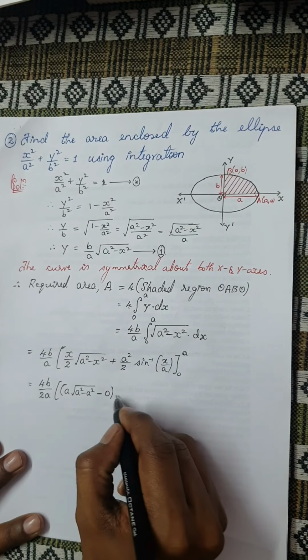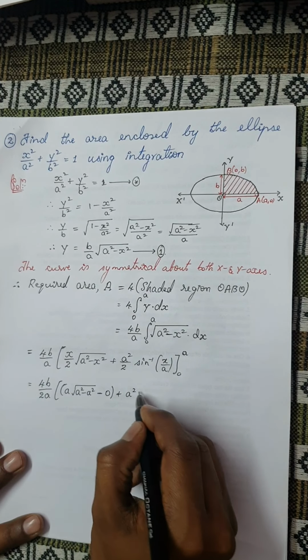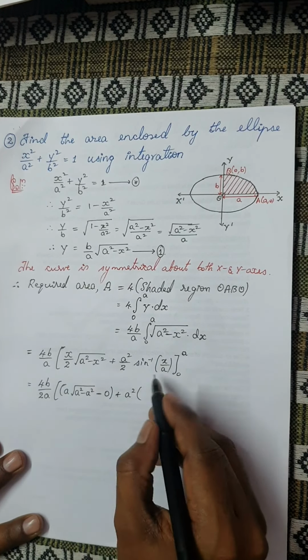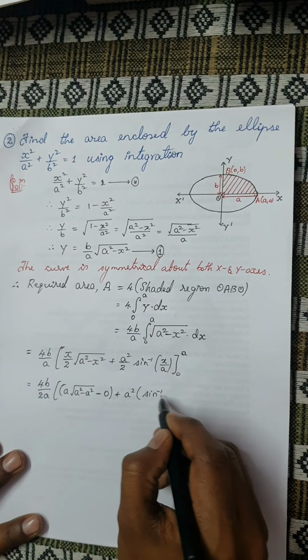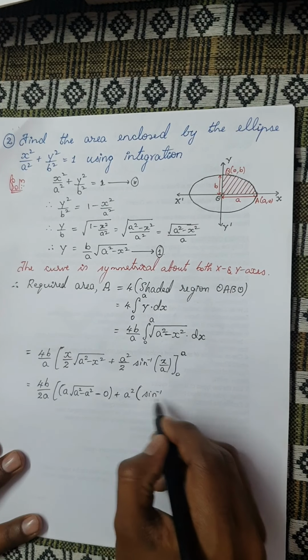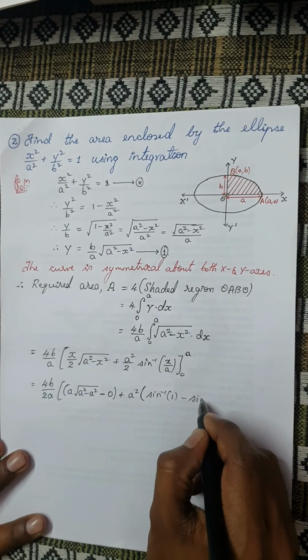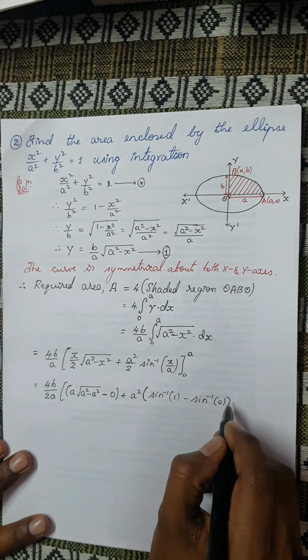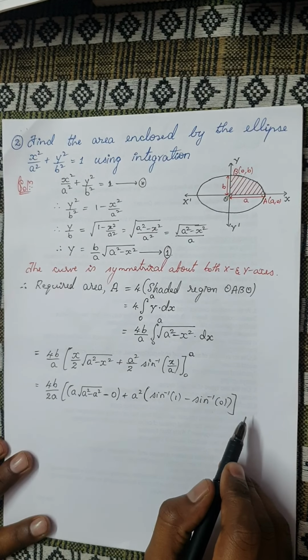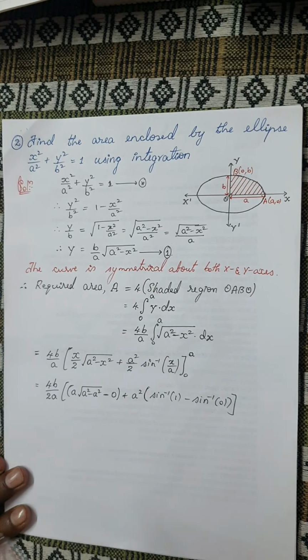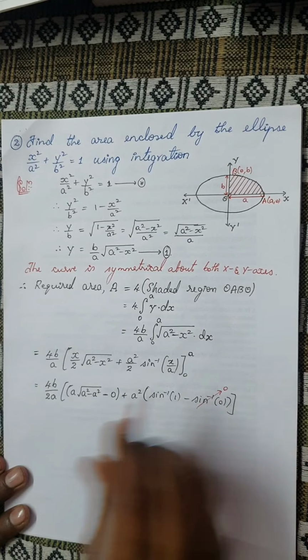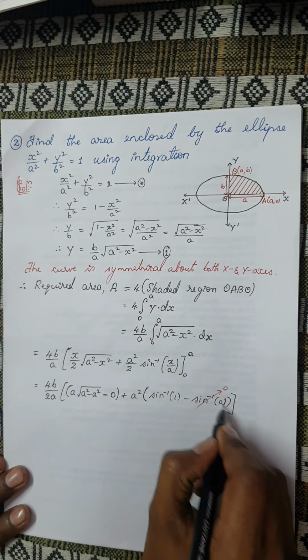Plus a square into sine inverse of a by a, that is 1, minus sine inverse of 0 by a, which is 0. And we have already seen in the previous case, sine inverse of 0 is 0.